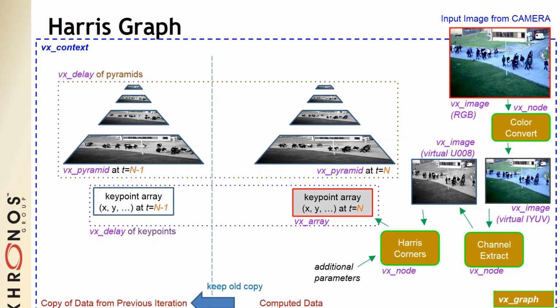Then you just add the Harris corner node to get the key points directly from the grayscale. You do have to pass some additional algorithm-specific parameters, such as the strength threshold and the size of the gradient filter that you want to use. I'm going to explain those parameters in the next slide.